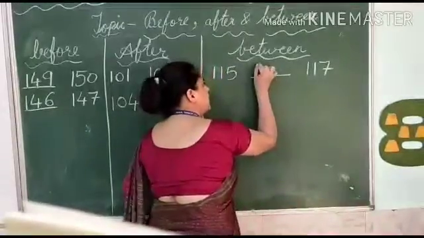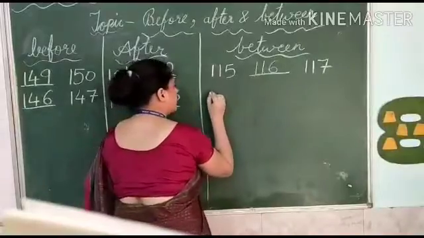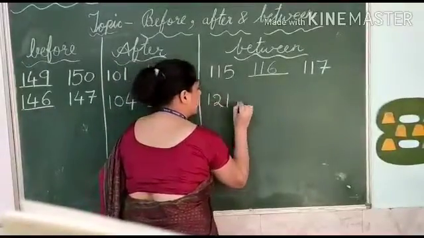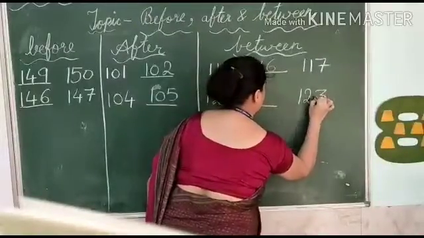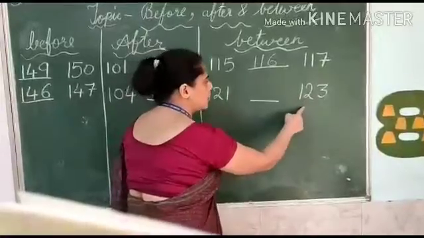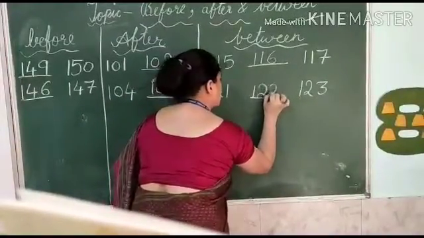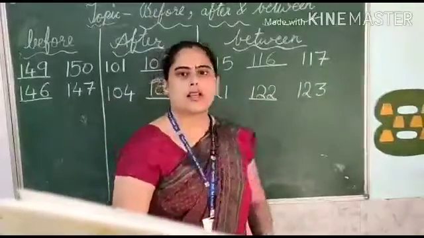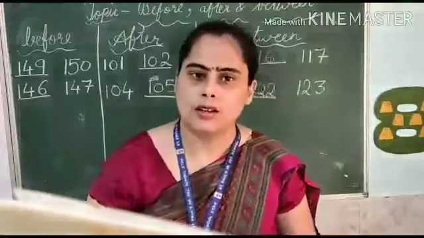It is 116. Then 121 dash 123. So what comes between 121 and 123? It is 122. Do you understand, children?